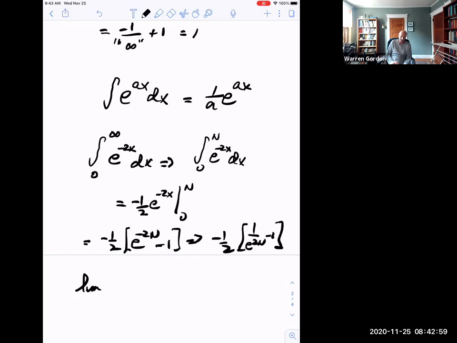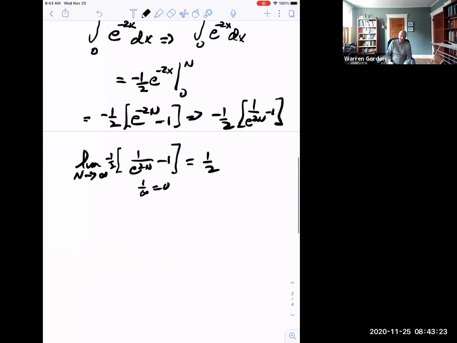If I now take the limit as n goes to infinity of minus 1/2 times 1 over e to the 2n minus 1, in the bottom I get e to the infinity power, which is infinity. So this is roughly 1 over infinity, and 1 over infinity is 0. So my answer here turns out to be just 1/2.